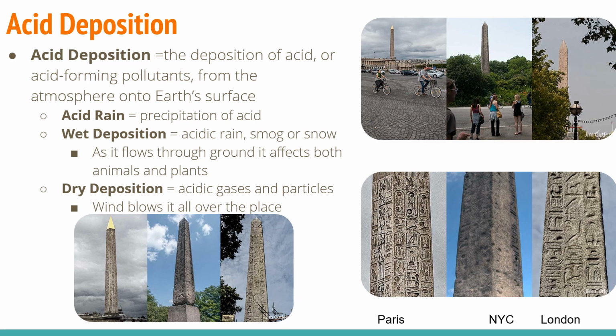An example of this is what's pictured in all three of these pictures. These are examples of obelisks. Back in Egypt, these were created, and they were given to Paris, to New York City, to London. If you look at the one in New York City, the middle picture, you'll see that the hieroglyphics are barely readable, because the acid reacts with granite.